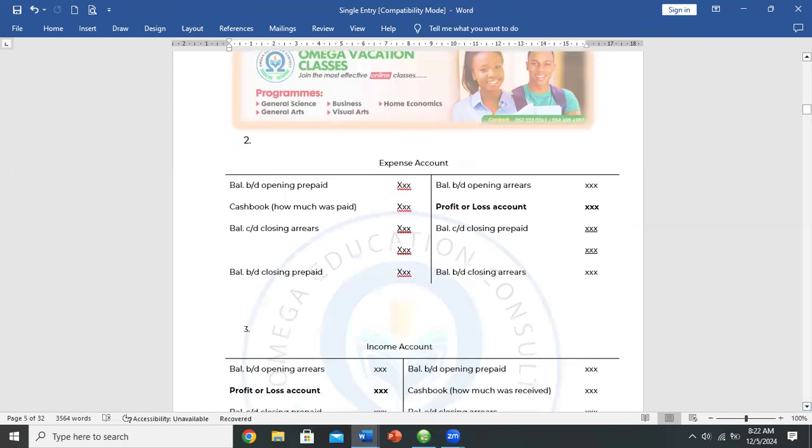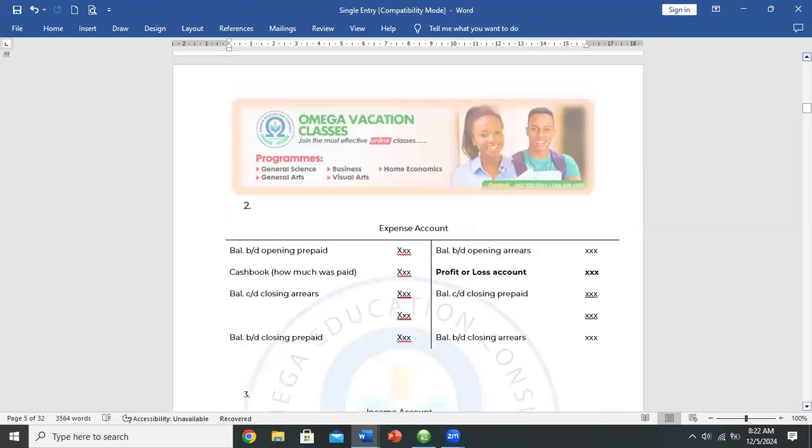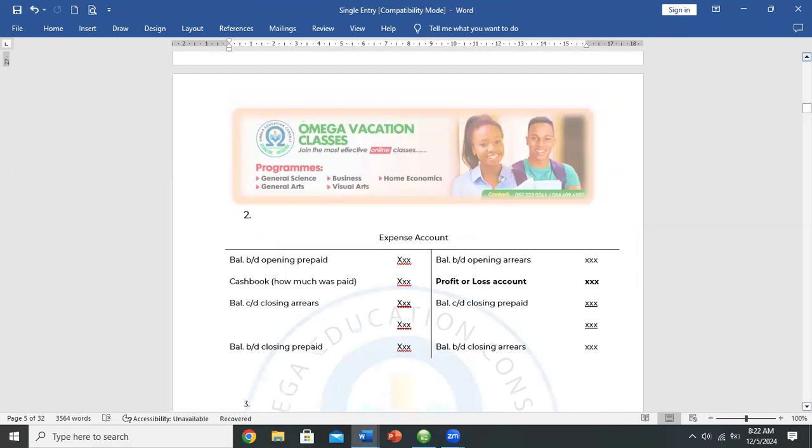Now, why do we have to prepare the expense account? We have to do that because under the single entry system, it becomes difficult to trace the exact expense that has been incurred for a particular period. This could be due to lack of information, or scanty information that is not properly organized.